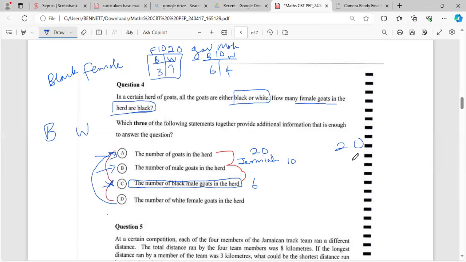If we know the number of white females, because if you know white, that means the rest are black females, right? Because it's only black or white. So if we know the number for the female is 10, what is it for white? Oh yeah, 7.